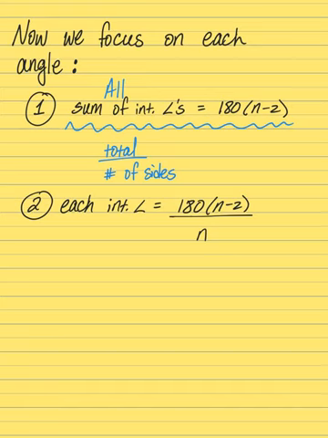So we get this new equation where each interior angle is all of our angles divided by the number of sides. So this equation represents all of our angles, and we are now dividing by how many sides we have, and that will give us each one individually.